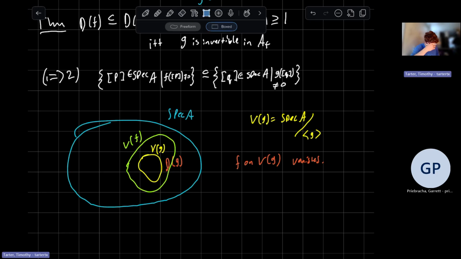Any function vanishing at every point of the spectrum of the ring must be nilpotent.